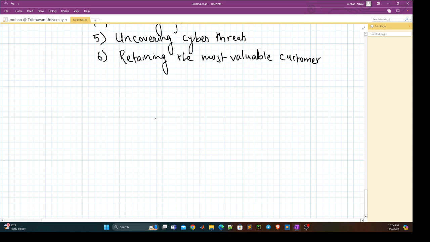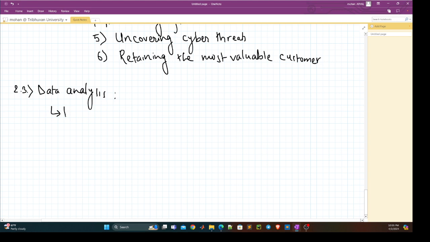Now we will see about data analysis. We have seen about data analytics, right? And now we will see about data analysis. What is data analysis?